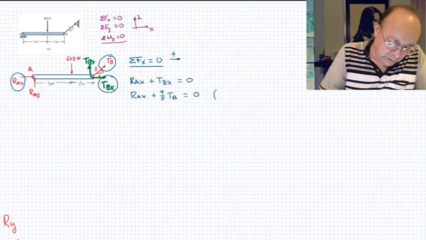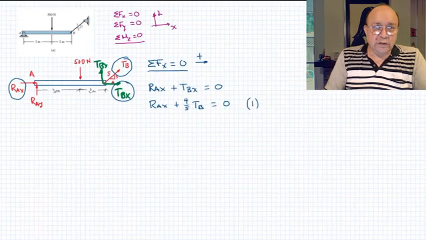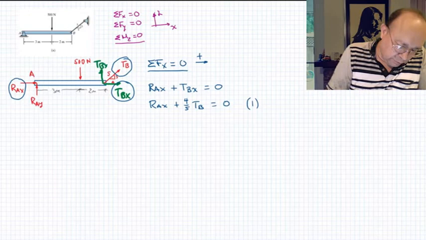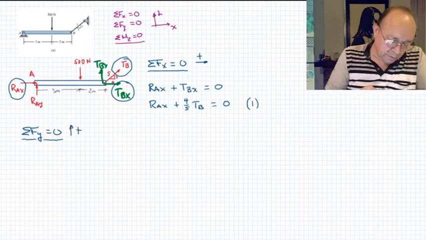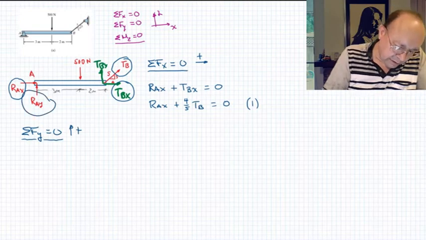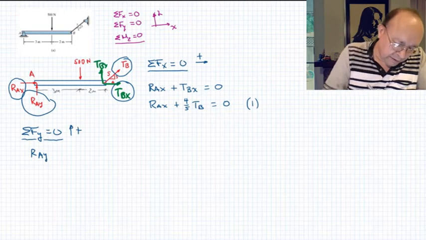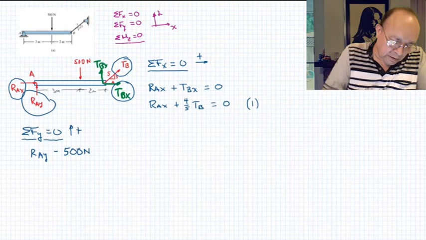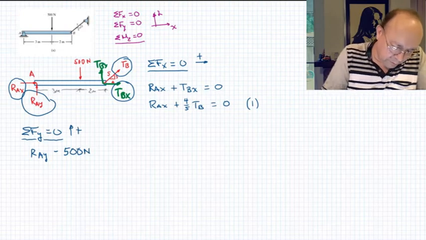Let's put it here like a 1. Second equation of equilibrium. Summation of forces in the y direction equal to 0. I'm going to say positive is going up. So I have this one right here, RAY positive going up, 500 going down, so it will be minus 500 newtons, and TBY going up, so it will be plus TBY.